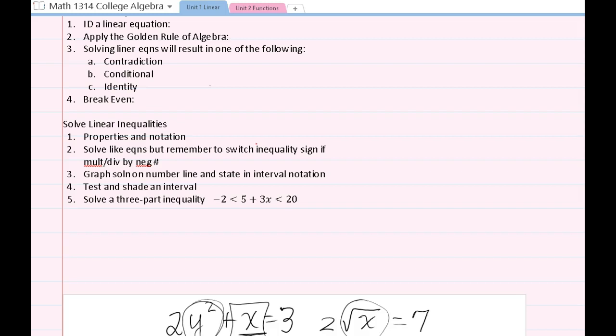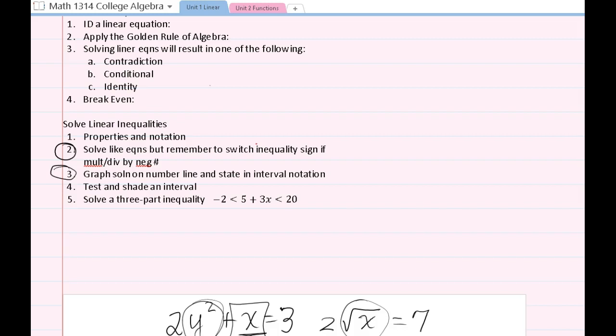So the manner in which we solve linear inequalities is we solve them as if they were regular equations, except that we make sure we switch the inequality sign if we multiply or divide by a negative number. Again, as we showed in the notation part, you should be able to graph the solution on a number line and state it in interval notation.